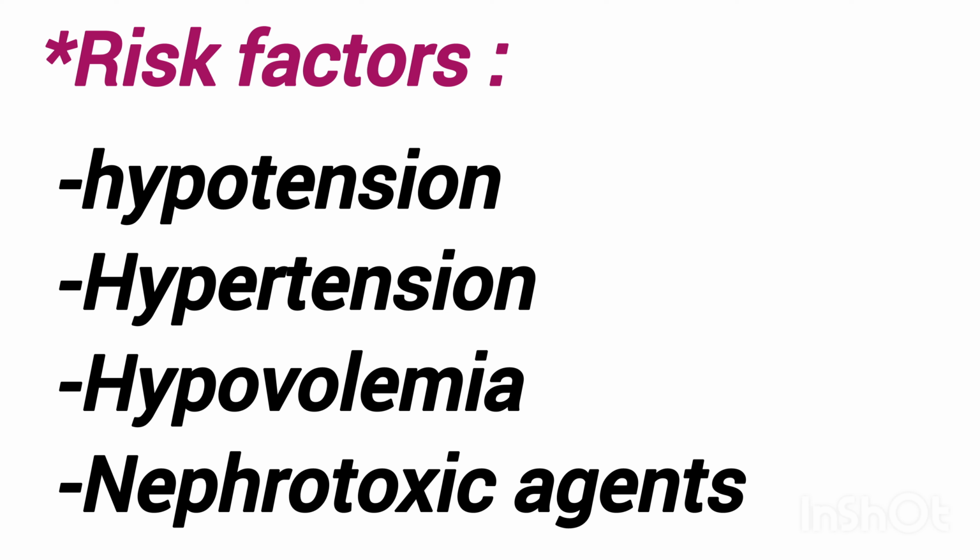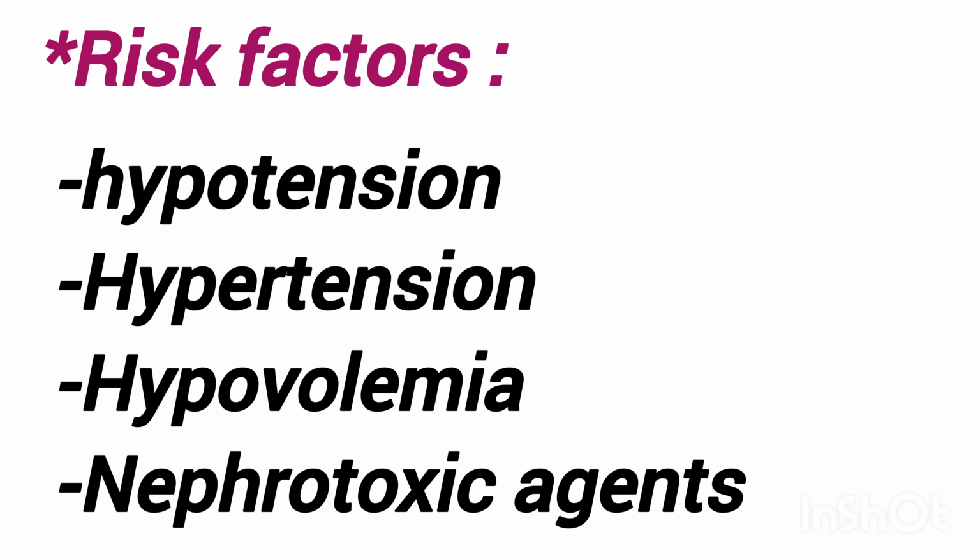Now we will see the risk factors. Risk factors means there is a high risk of the patient going into acute renal failure when the patient is suffering with the below conditions, such as hypotension, hypovolemia and nephrotoxic agents. In hypotension, there is a decrease of blood flow to the kidneys. So if the patient suffers with hypotension for a prolonged time, the patient can land up with acute renal failure.